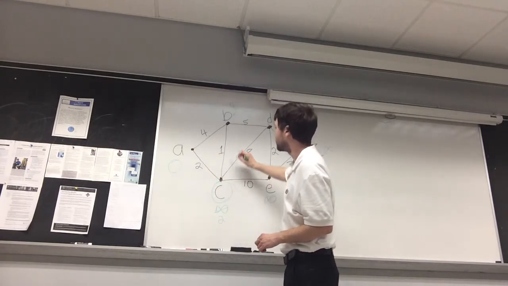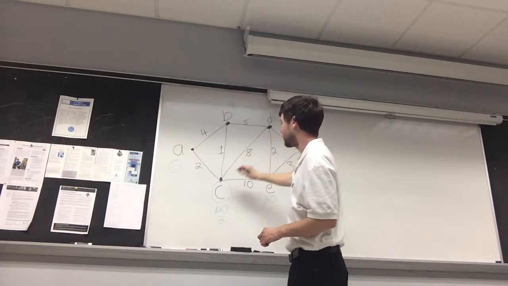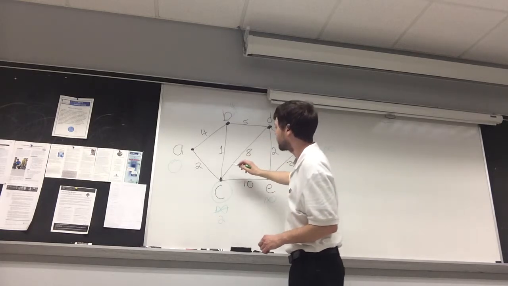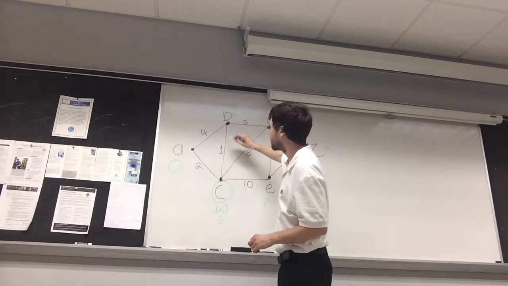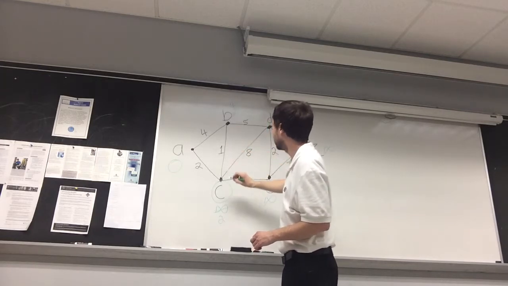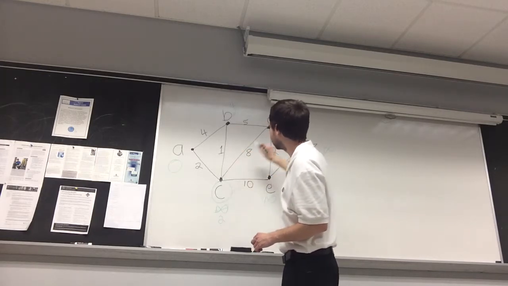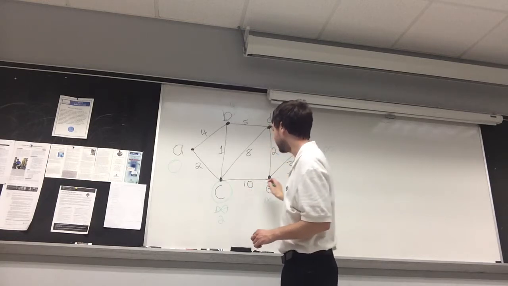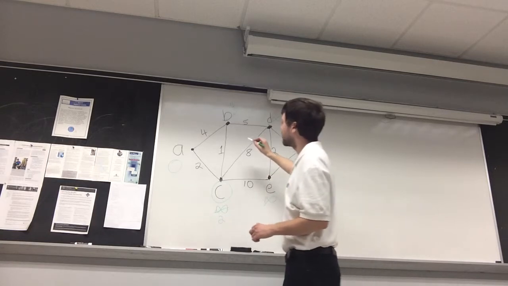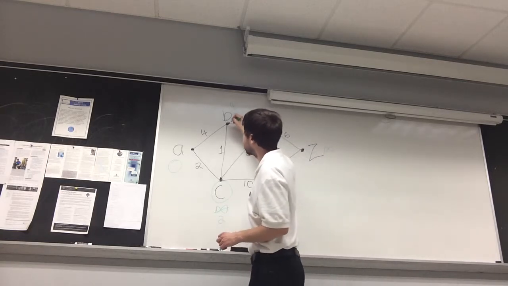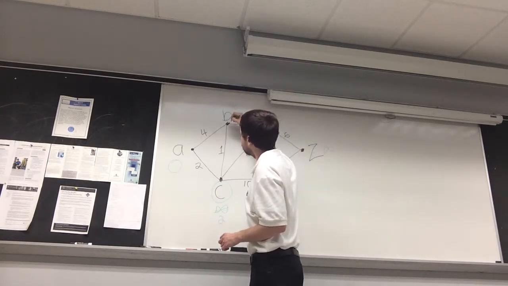And you would process the neighboring vertices for C. And if you can see here, the weight of the edge from C to B is 1. The edge from C to D is 8, and from C to E is 10. So we process B because it has the lowest edge.